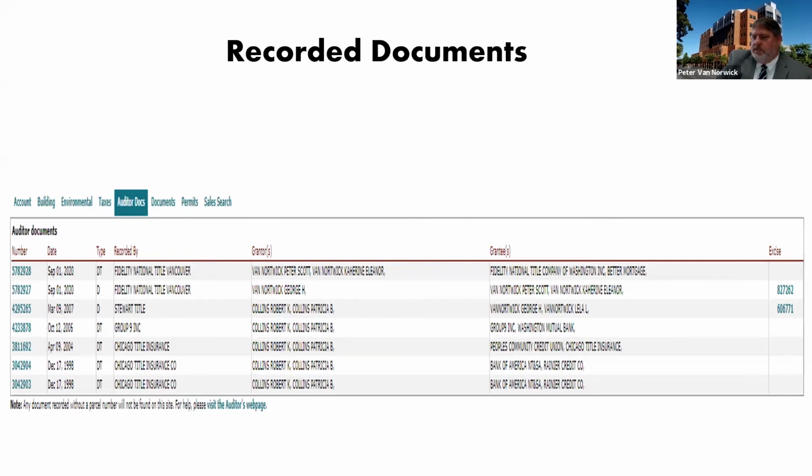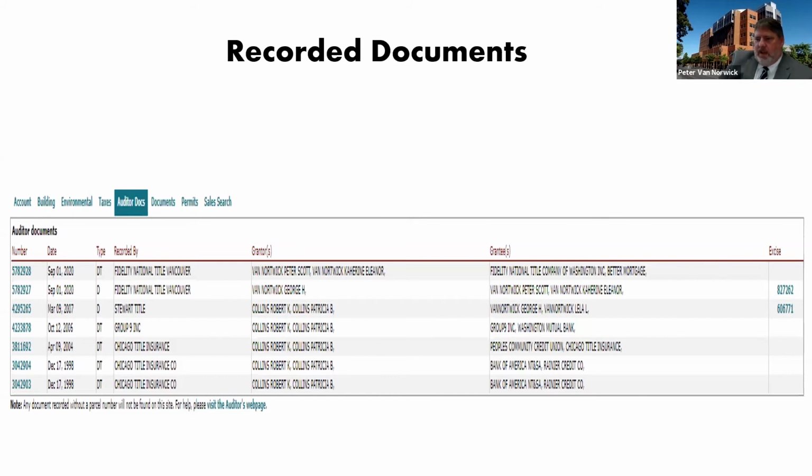And typically easements are recorded on the dominant and the servient parcels both. And so you're going to see that on both of them, but you can go and find out all the different things that have been filed. If someone has a deed of trust and those documents, everything that's done in there does record on the recording page under the auditor's document.